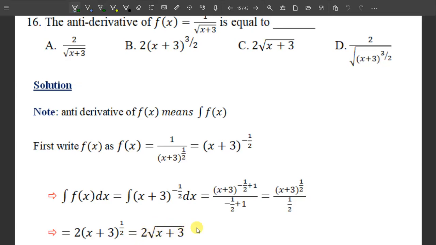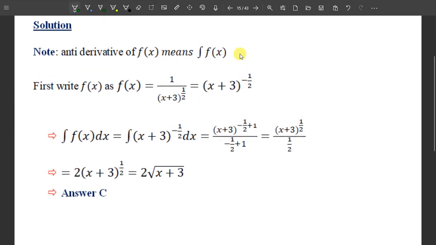Then write the final expression as such. The constant C is not required in this case. Actually it's always needed, but for this particular case, since it is not in our choices, therefore write down this one. The answer is C.